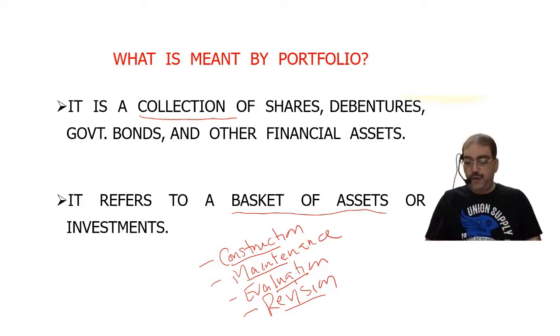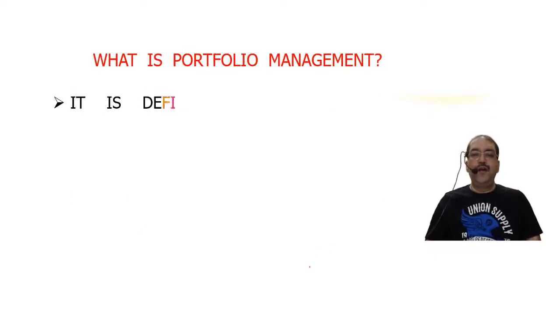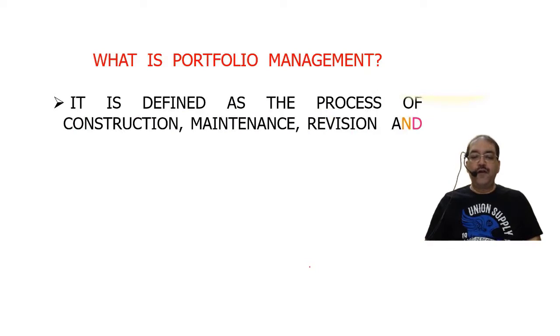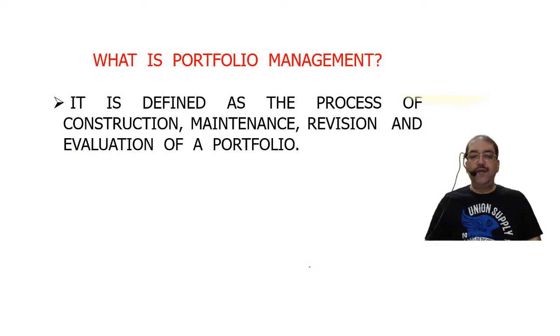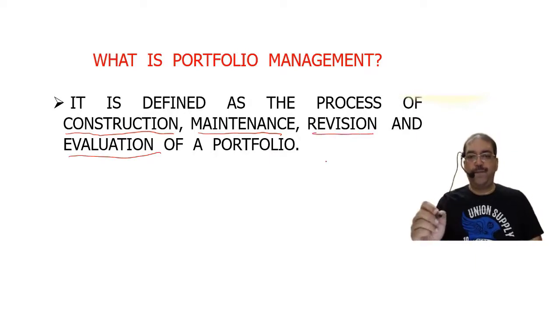So when I talk about portfolio management, what is portfolio management? It is nothing but the process of construction, maintenance, revision, and evaluation of portfolio. Four things are there: construction, maintenance, evaluation, and revision. Actually, revision should be the last thing.